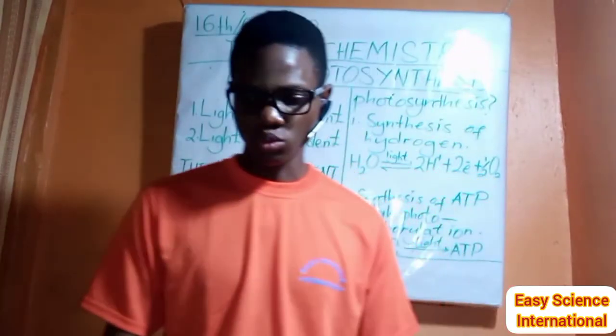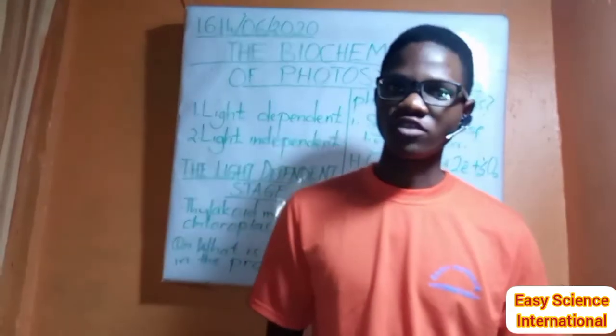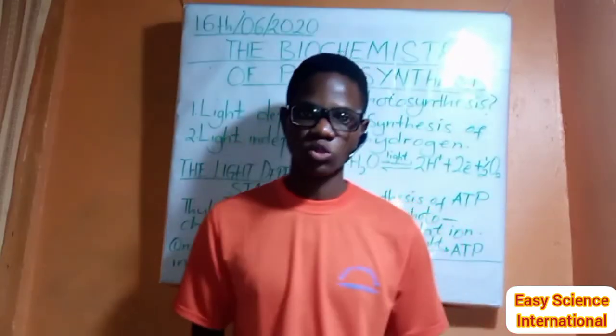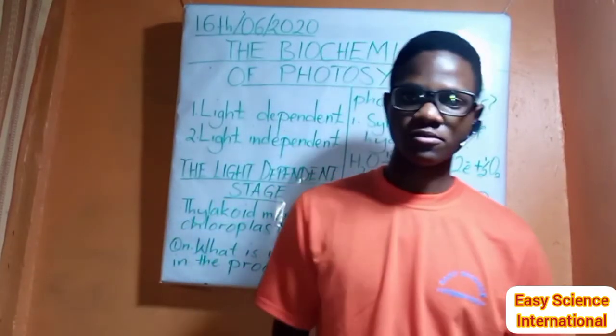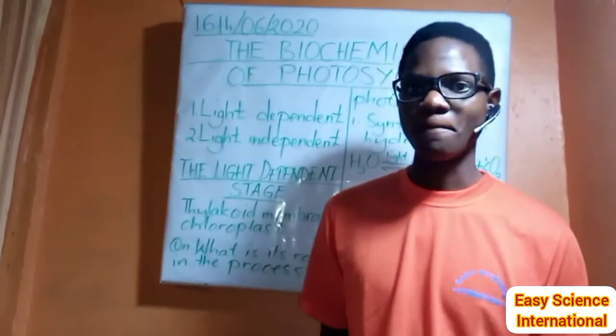Today we want to go into another subtopic of autotrophic nutrition, and we want to dig deep into what we call the biochemistry of photosynthesis. You can ask yourself, what is meant by the term biochemistry?